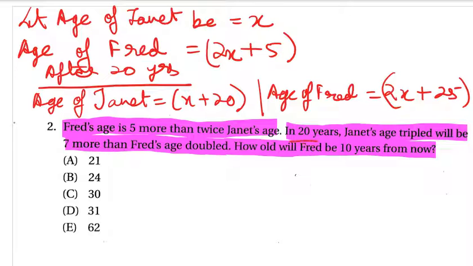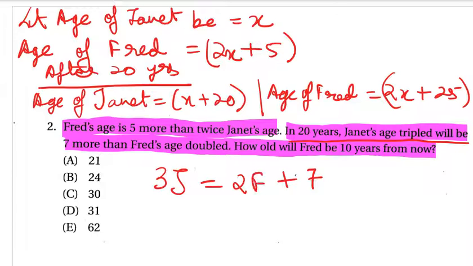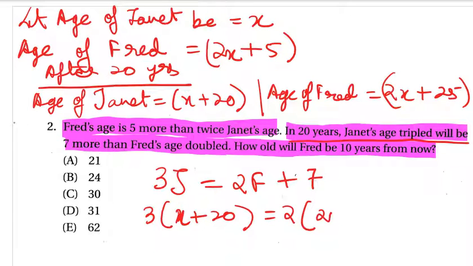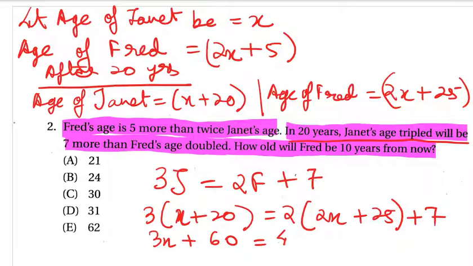In 20 years Janet's age tripled, so 3 times Janet's age will be equal to 7 more than 2 times Fred's age. So 3 times Janet's age means 3 times x plus 20 is equal to 2 into 2x plus 25 plus 7. So that is 3x plus 60 is equal to 4x plus 57.